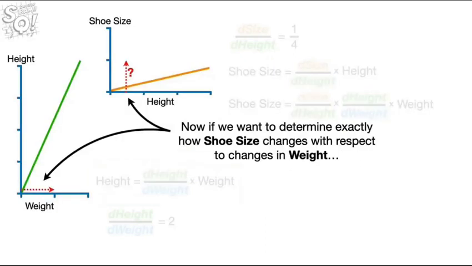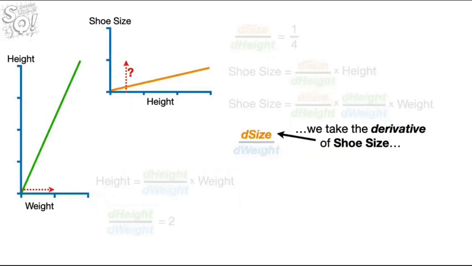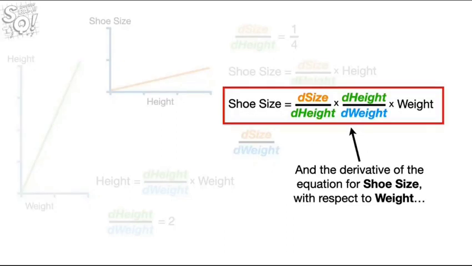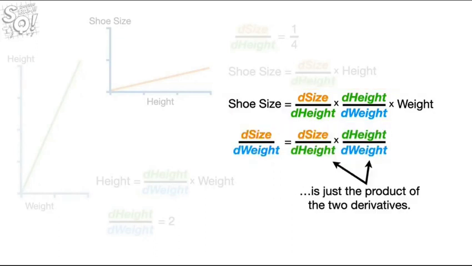Now, if we want to determine exactly how shoe size changes with respect to changes in weight, we can take the derivative of shoe size with respect to weight. And the derivative of the equation for shoe size with respect to weight is just the product of the two derivatives.